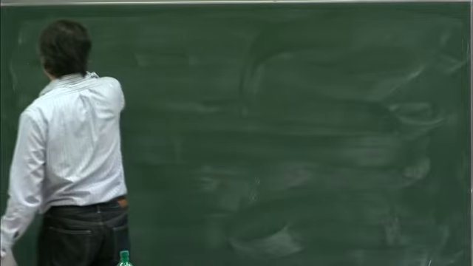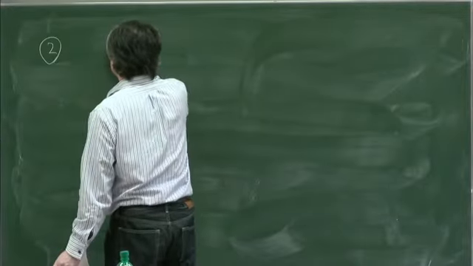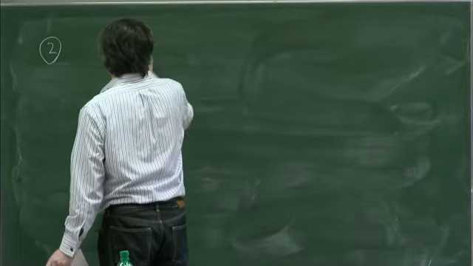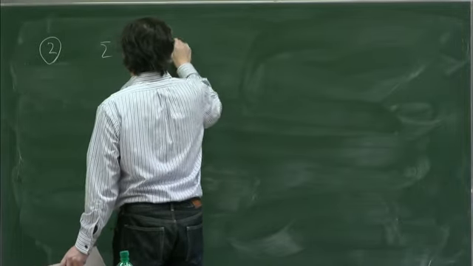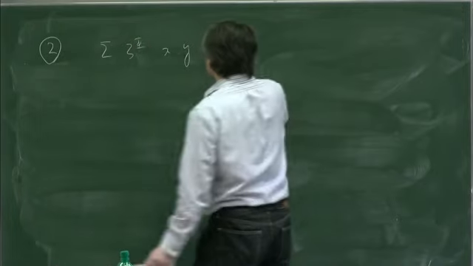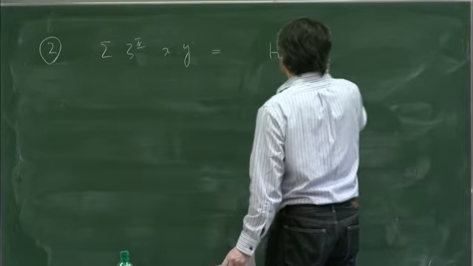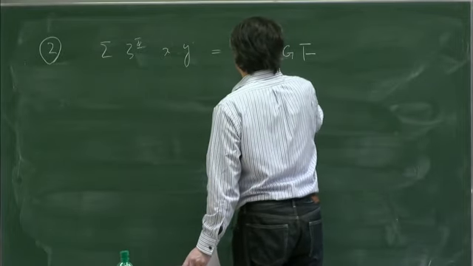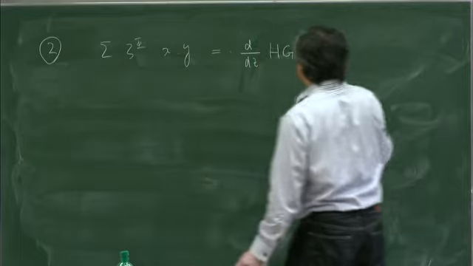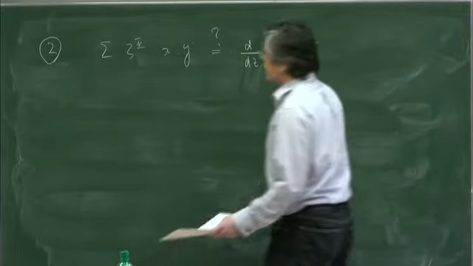The second part is that sigma of theta phi to x to something and y to something is equal to the hypergeometric function, or a differential of the hypergeometric function. So this is the second part.